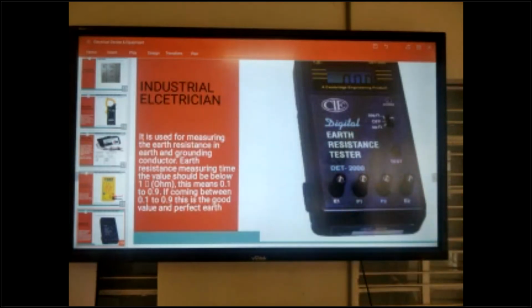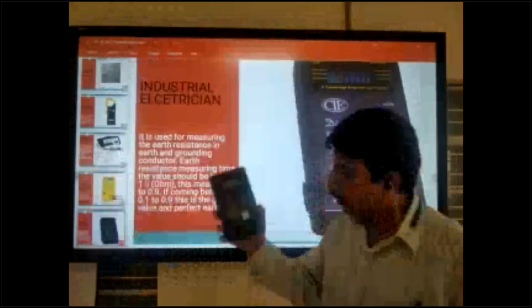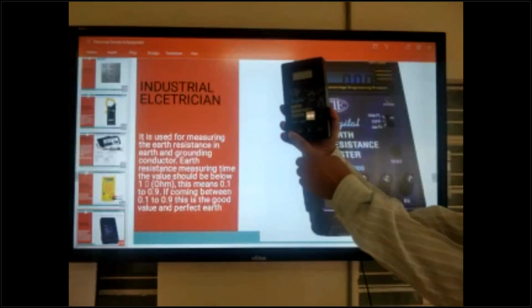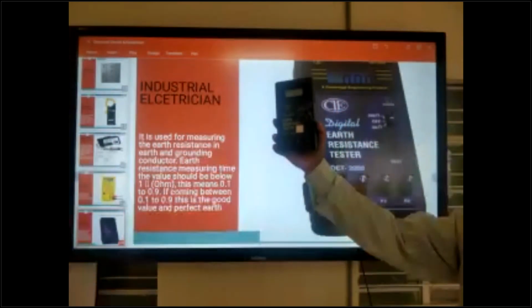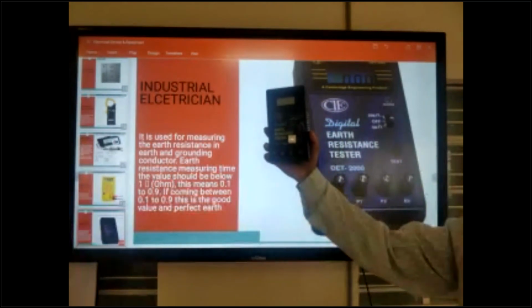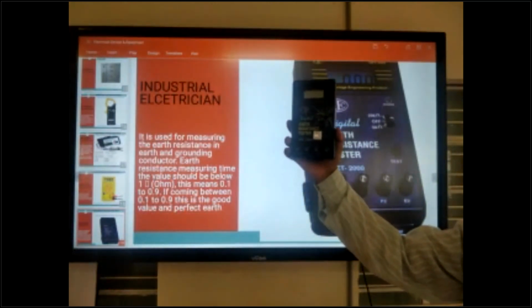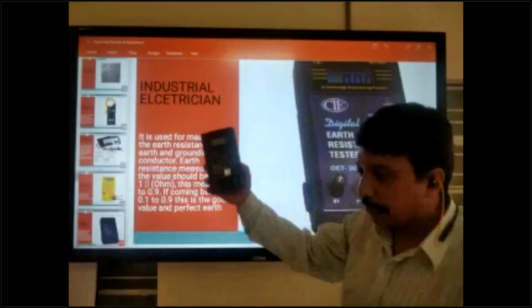We have a field practical also. This is the earth resistance tester, we already have it. 4 terminals are there, same as in the pictures. So we have made the practical here also, how to check the earth resistance, one by one.